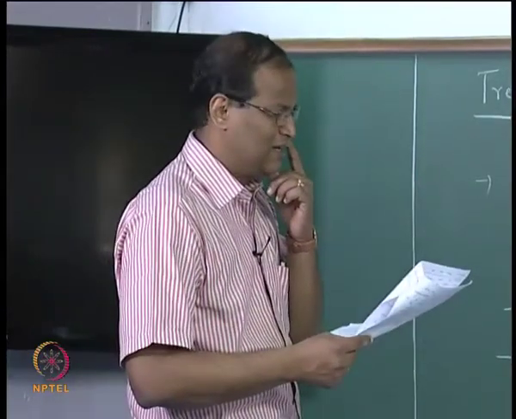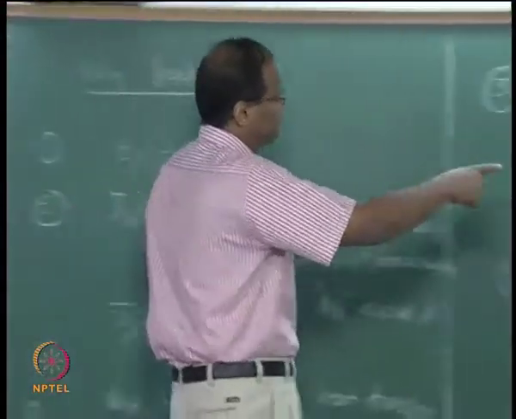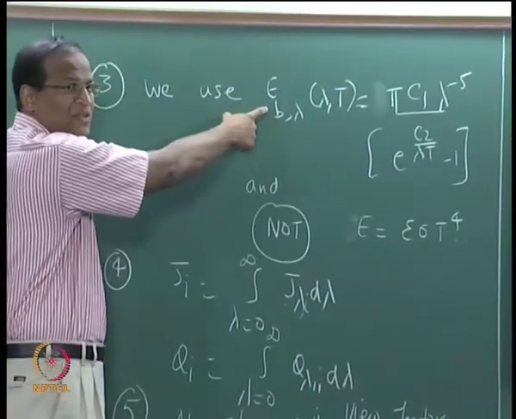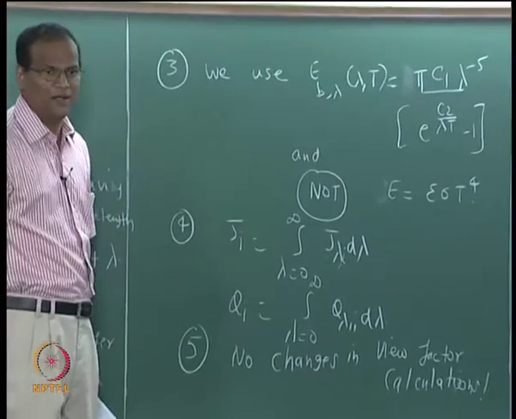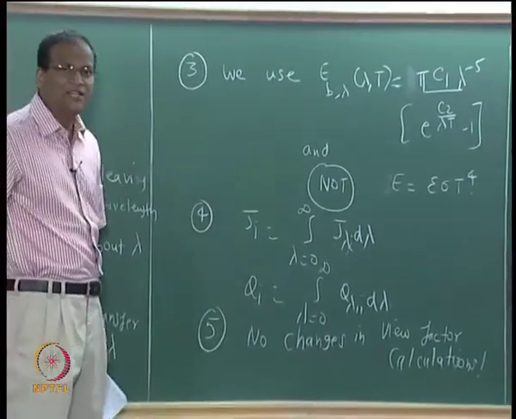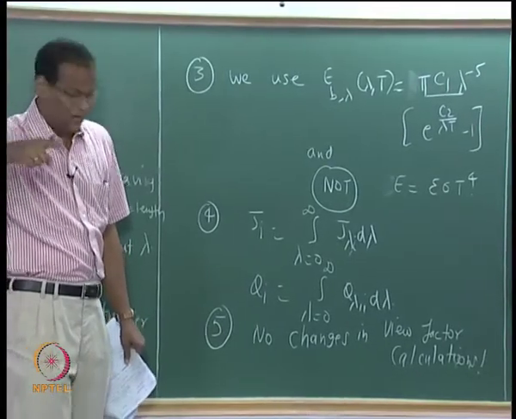Most importantly, since epsilon lambda is a function of lambda, in various wavelength intervals I have to use what? I have to use F charts.